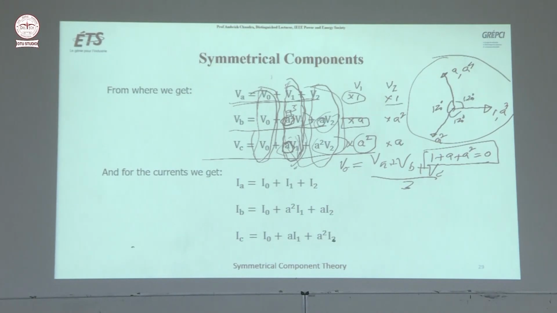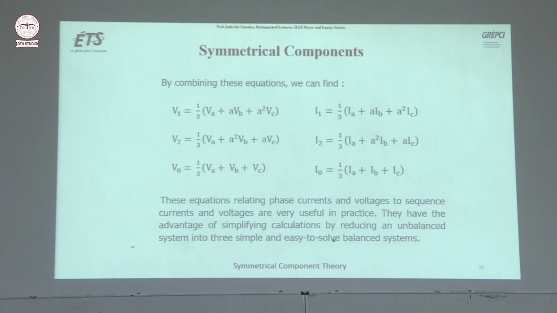Here it is A, so you multiply the whole equation by A square. Here it is A square, so you multiply by A, so that other terms will become 0 and you can get V2. The same equations are for the currents. So this is how you can write V1 equal to this, V2 equal to this, V0, and the same type of equation for the currents.